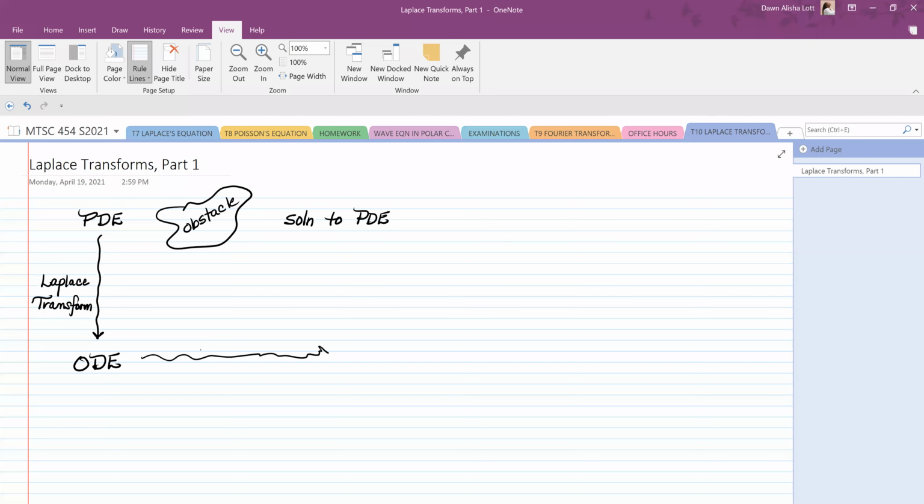And then we solve it using any method of ODEs that we know to get the solution to the ODE. And then we take the Laplace inverse transform.